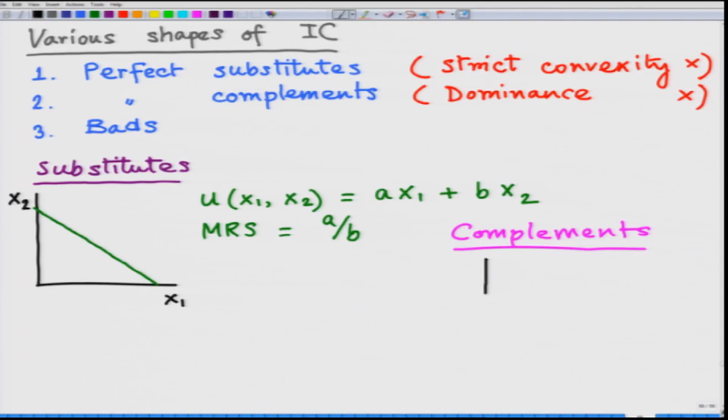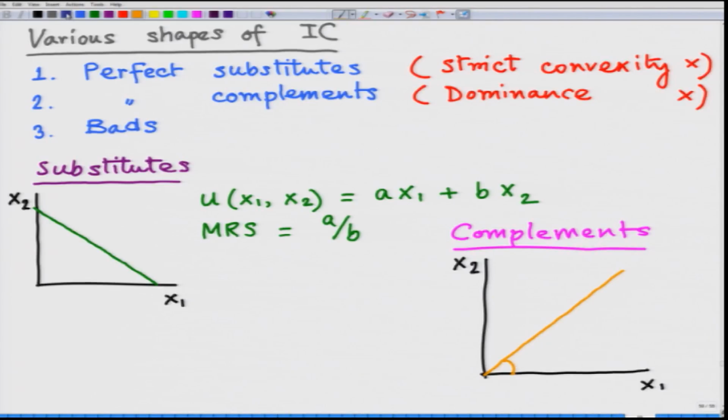Again, suppose there is a fixed proportion that the consumer uses to mix these two goods to consume them together, and if we know that proportion, we can draw a straight line whose slope is going to give us that proportion.